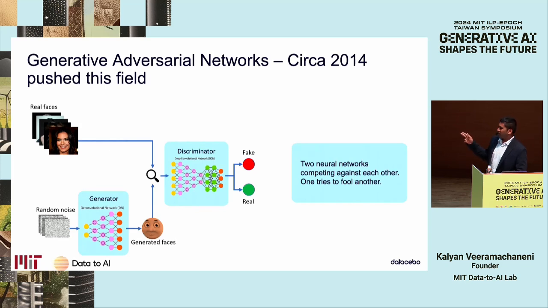One generates the face images using random noise, and the other one takes the real faces and tries to discriminate and detect whether a generated face is real or synthetic. In competing with each other, they actually improve each other. As a result, the generator becomes so good that you can give it random noise and it will create a realistic looking face. That's the whole concept of generative adversarial networks.